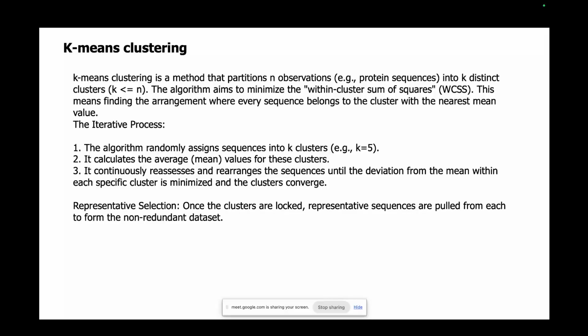I'll assign the first cluster somewhere here, the second cluster somewhere here, the third cluster somewhere here, the fourth here, something like this. Say we are doing 4 clusters, right? So randomly you're dividing it up into 4 clusters, just based on a set of similarity scores.